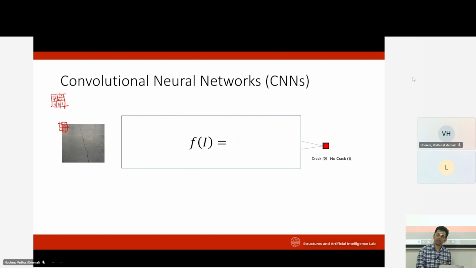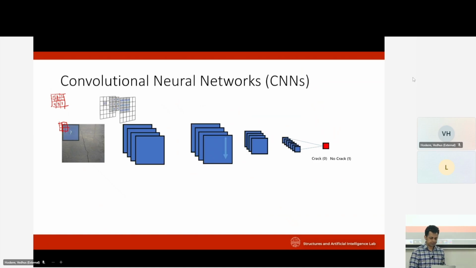Because if you only have a series of linear operations, then by the law of association, the output of a series of linear operations is what? Also linear, right? But that severely limits the space of functions that we can learn. So that's why we need nonlinearities. And so we have that.